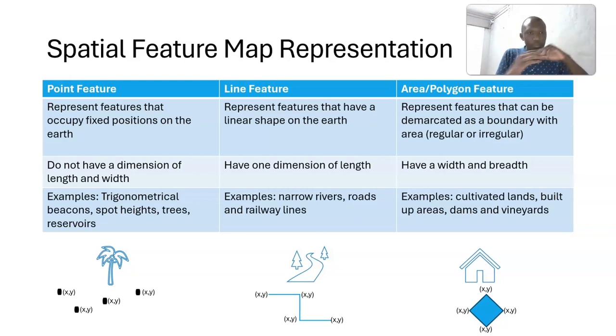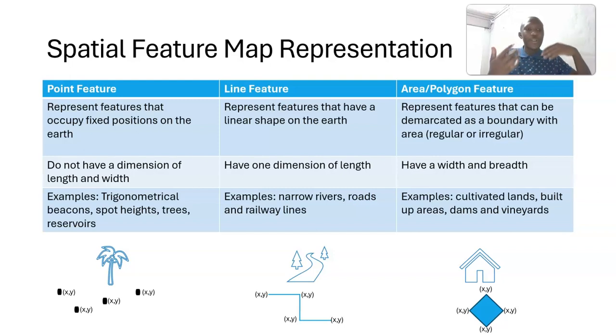That is the basic characteristic of what we would represent as a point feature. And then we also have other features that don't just have one fixed position, that occupy a linear position on the Earth's surface, which have one dimension, and that dimension is length.